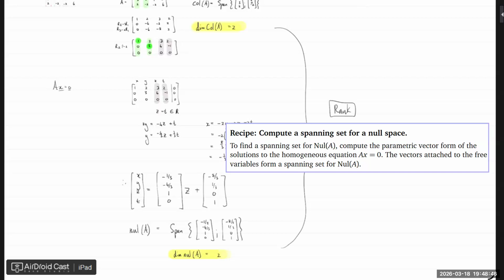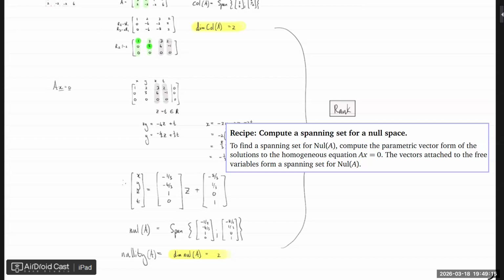The rank theorem. The rank of A plus the nullity, and the nullity is just the dimension of the null space, those two added together must always give you n.